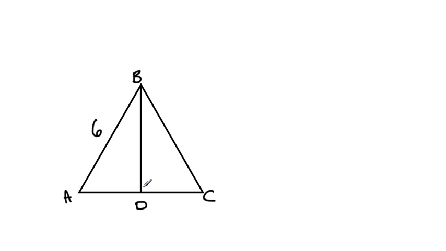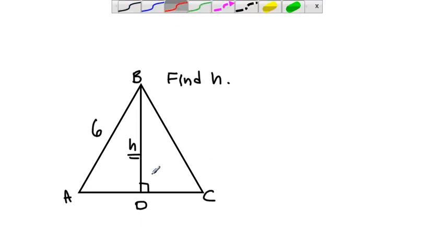Now, BD is an altitude, and I'm asking, can you find the value of h? Now, how are we going to do it? In fact, since this is an equilateral triangle, line segment AC is also equal to 6.